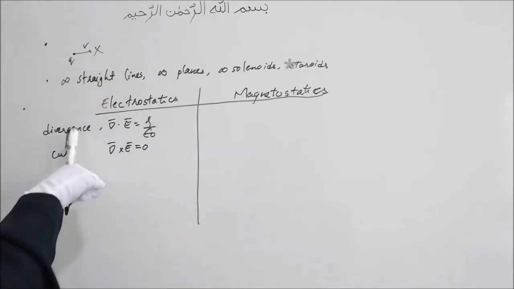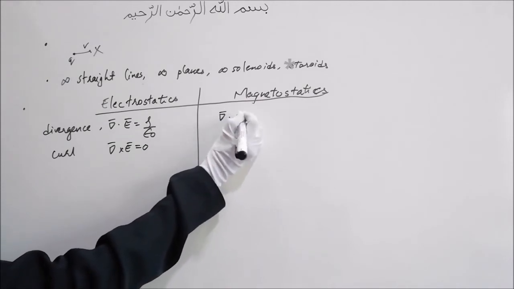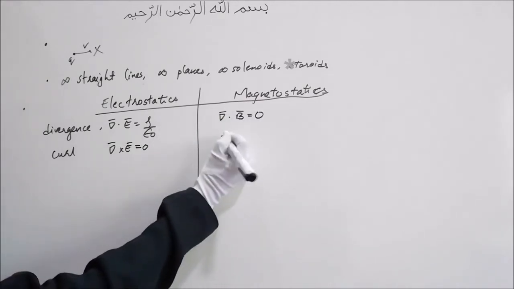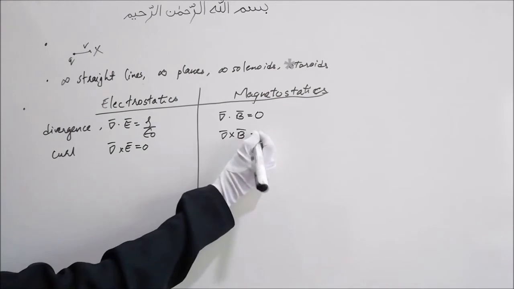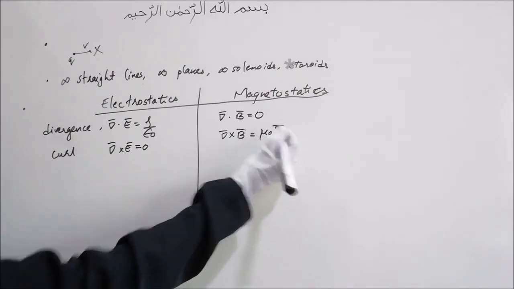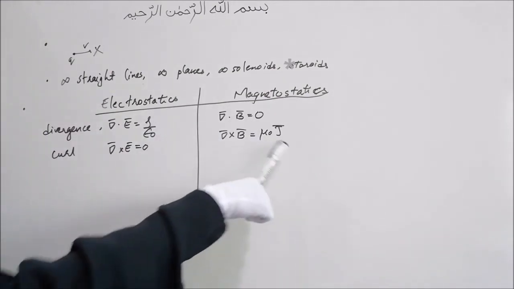In magnetostatics, the divergence of the magnetic field, del dot B, is 0, and the curl of the magnetic field is equal to mu naught J, which is Ampere's law.